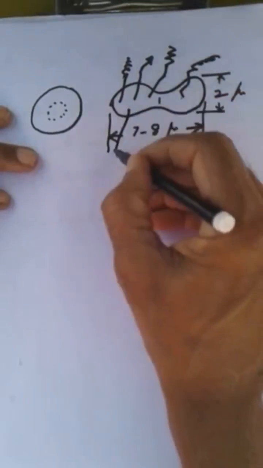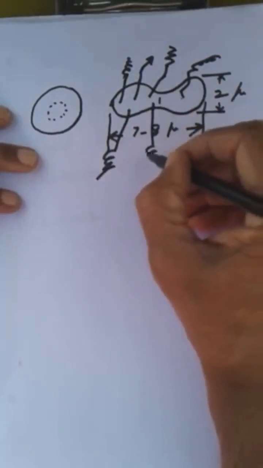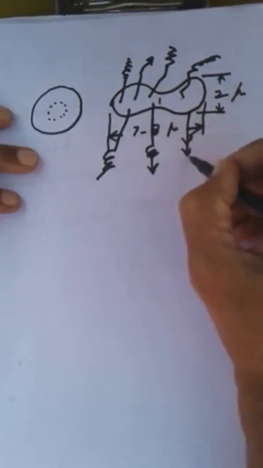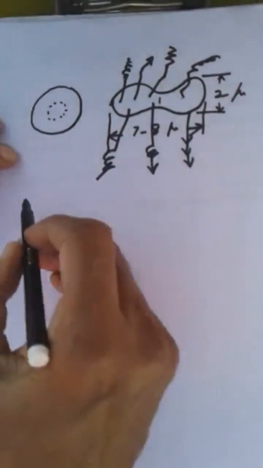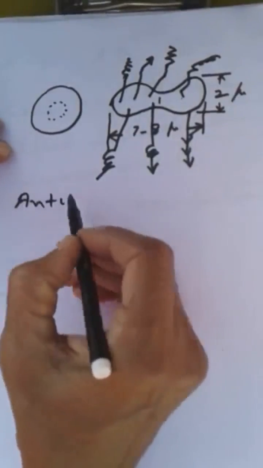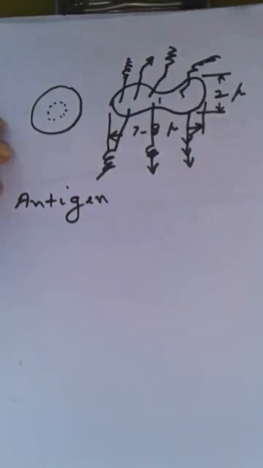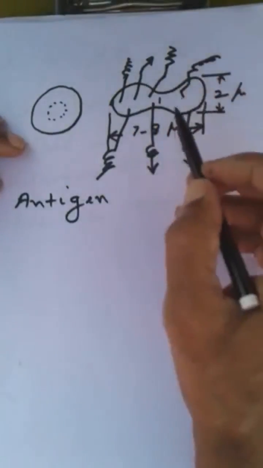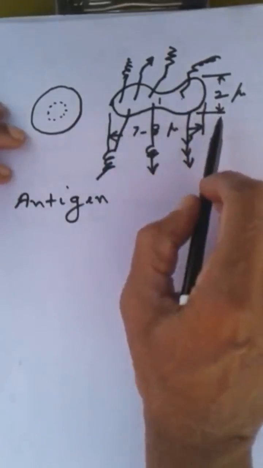From all this area you will see antigens, different types of antigens. These are all projecting from the surface of the red blood cell.